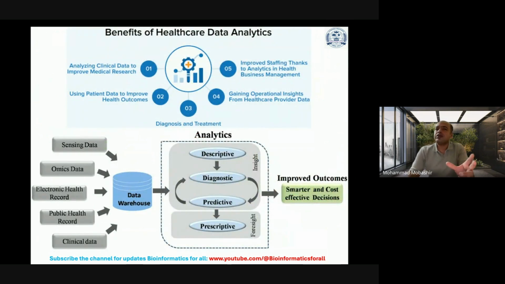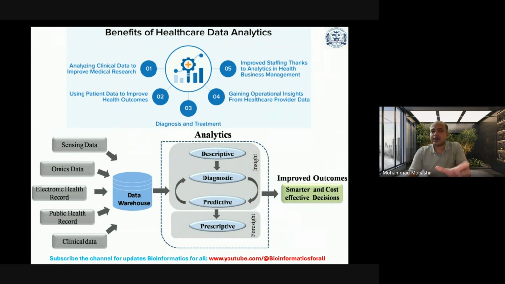Now, what are the benefits of healthcare data analytics? There are a large number of benefits: improved staffing and gaining operational insights from healthcare provider data, diagnosis and treatment using patient data to improve health outcomes, analyzing clinical data to improve medical research.